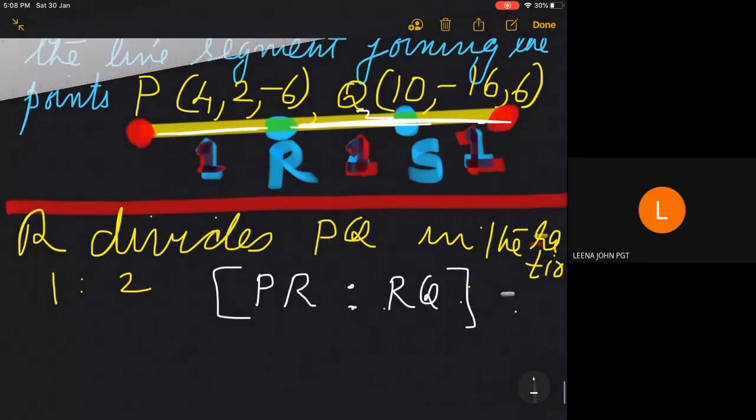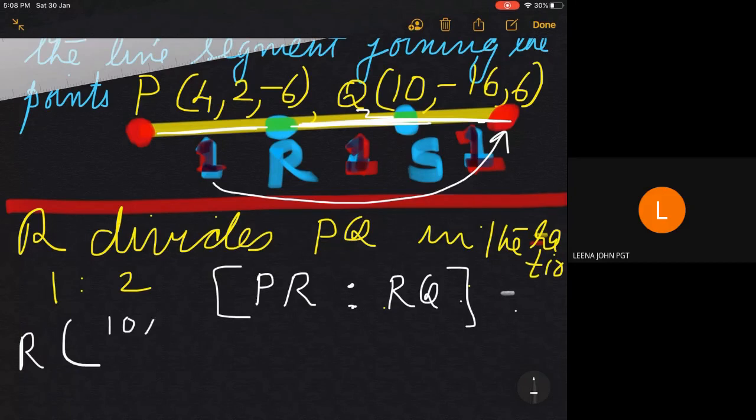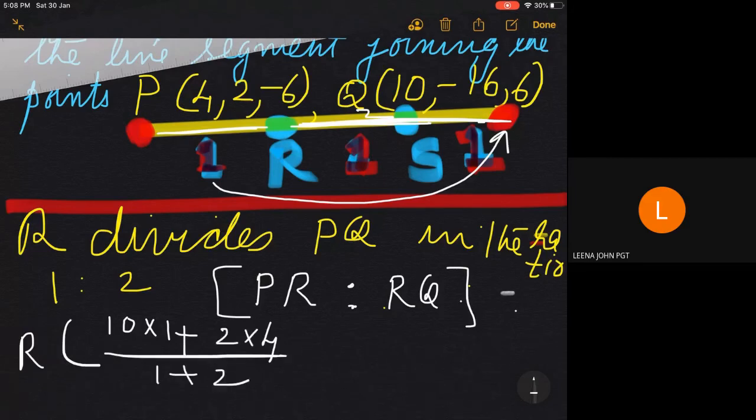Now apply the section formula to get the coordinates of R. You will multiply 1 with this, that is 10 into 1 plus 2 into 4, divided by 1 plus 2, because in rough also you can just visualize it. Here is your P, here is your R, and here is your Q. This is 1, this is 2.